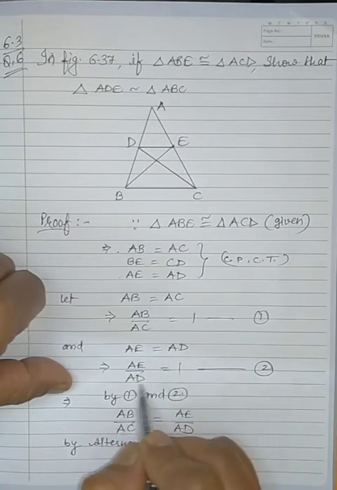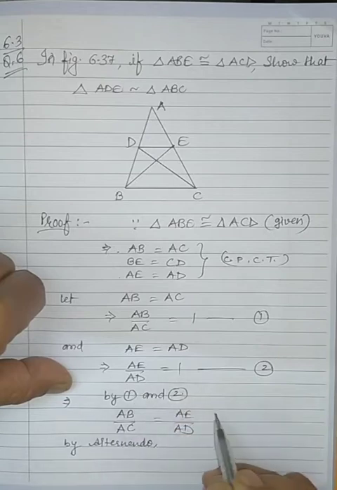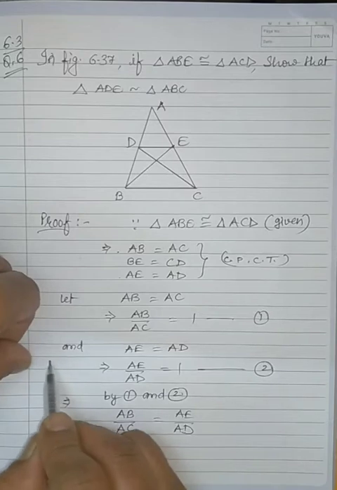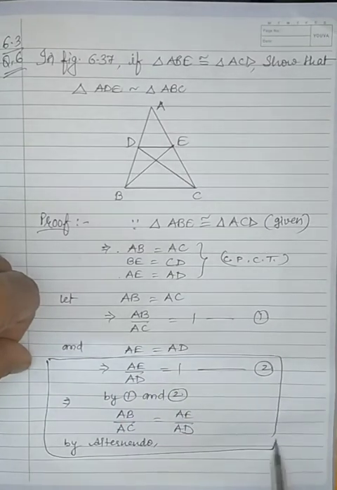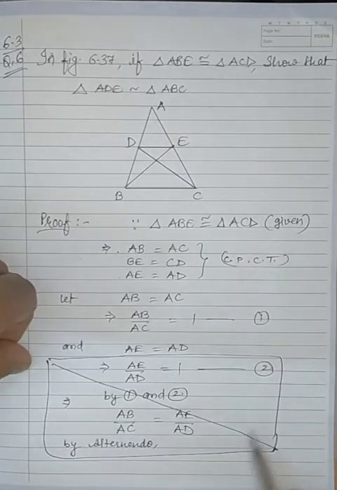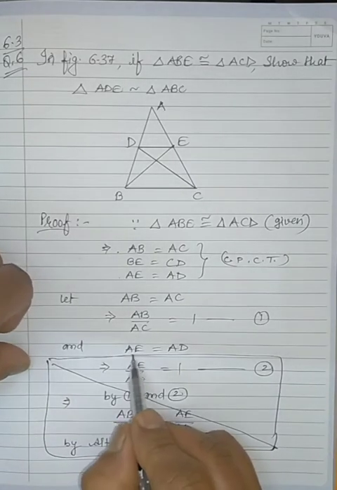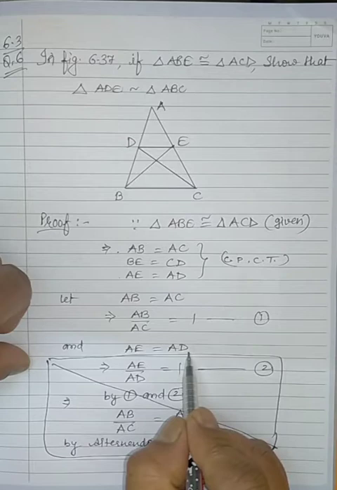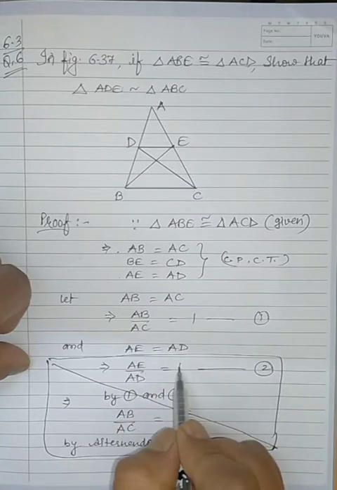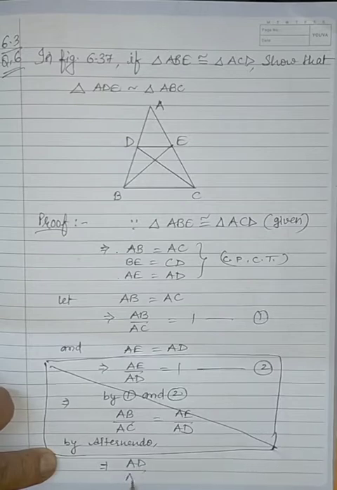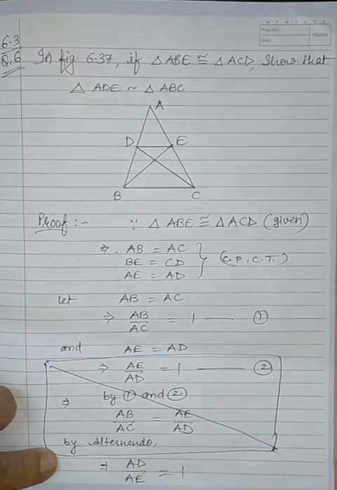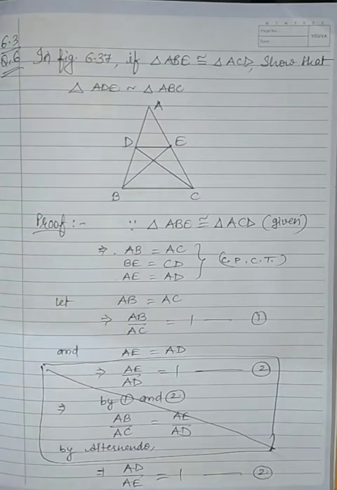AD upon AE is equal to 1 instead of AE upon AD, so I am just changing this relation. Please exclude the previous part, because the ratios are reversing. So we have AE is equal to AD. So this will give you AD upon AE is equal to 1. That is the equation number 2.